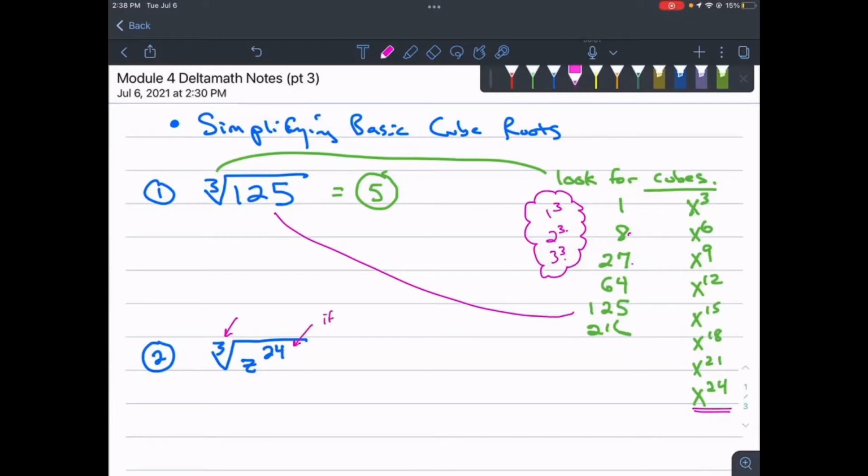If it's a perfect cube exponent, you're just going to divide by the index. The index is 3 in this case, so 24 divided by 3, we end up with z to the 8th.